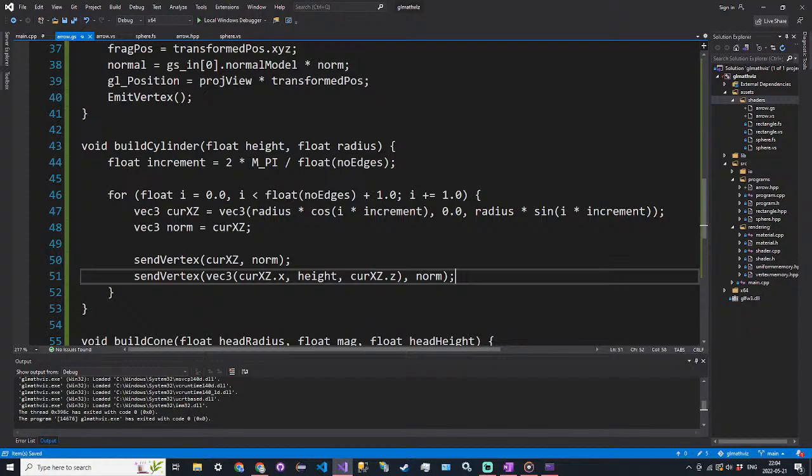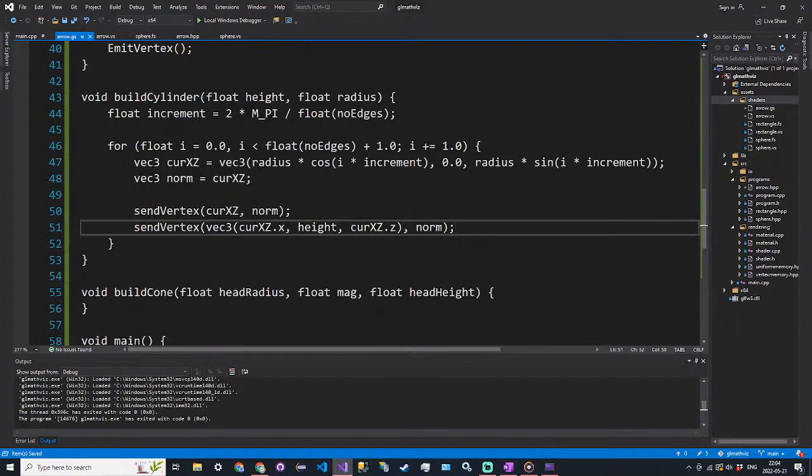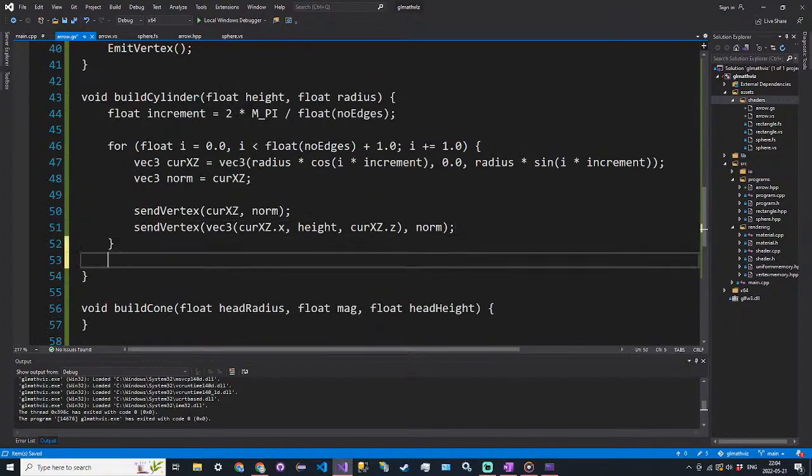And then these values will get transformed and translated appropriately so that it represents our arrow. All right, and then afterwards we just want to say end primitive.